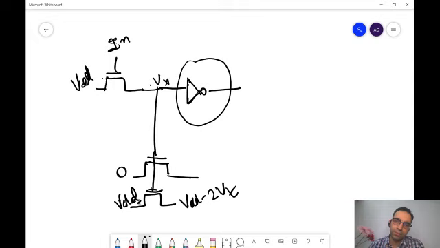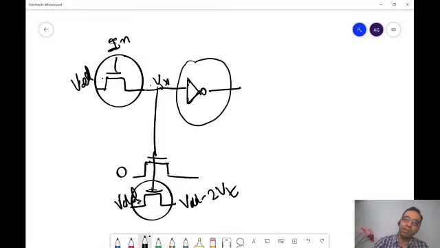So why is 2 coming exactly? One VT drop because of this, and one VT drop had already happened here. The inverter we had to implement from the start. So now what do we do?